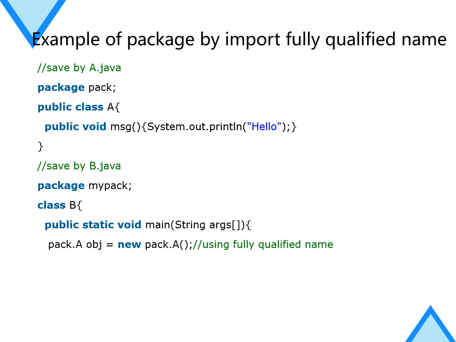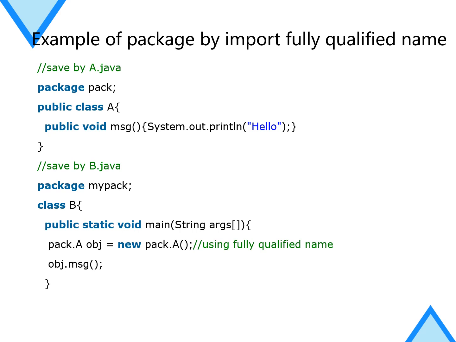Inside the main method we are creating an object, but here we are using the fully qualified name pack.A, the package pack and the class name A, and through this we create the object obj, and then through obj we call the method.